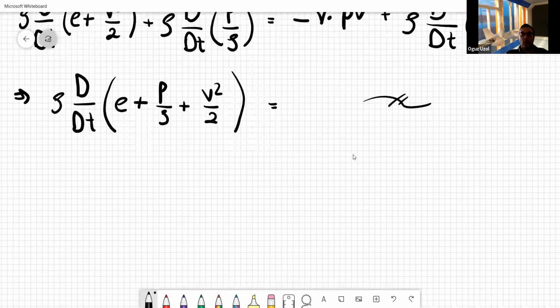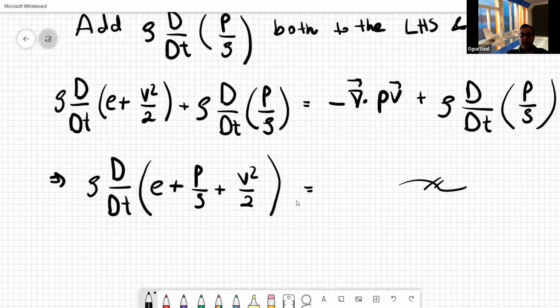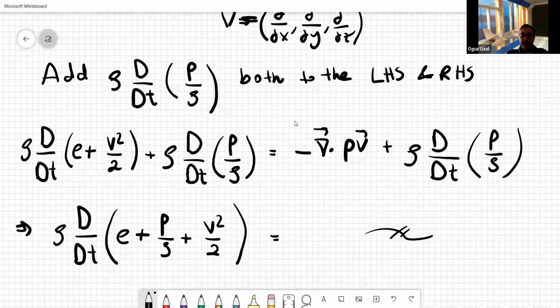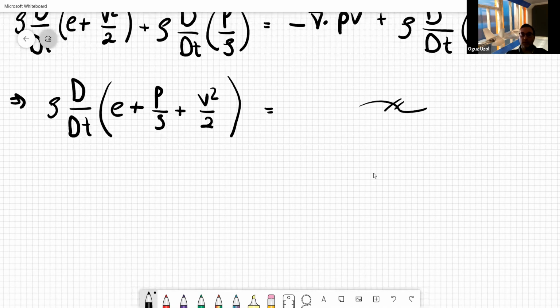Why did I do this strange addition to both the left-hand side and right-hand side? It may be clear right now: I want to see enthalpy on the left-hand side. Because E plus p over rho is actually what we call h, enthalpy.